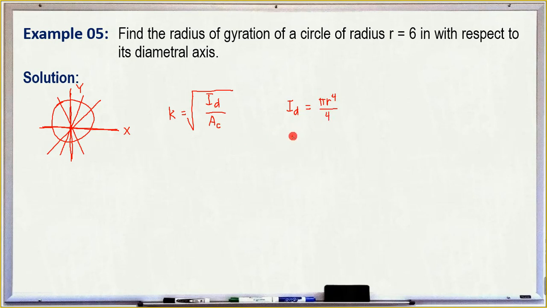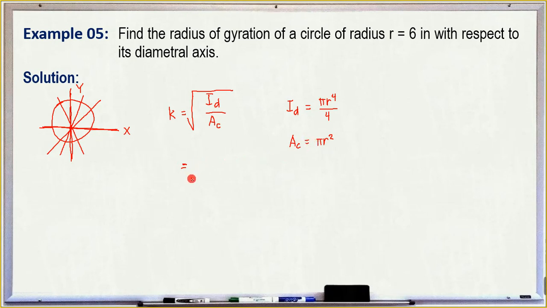And of course, we all know that the area of the circle is equal to pi r squared. This is a very simple formula for the area of a circle.